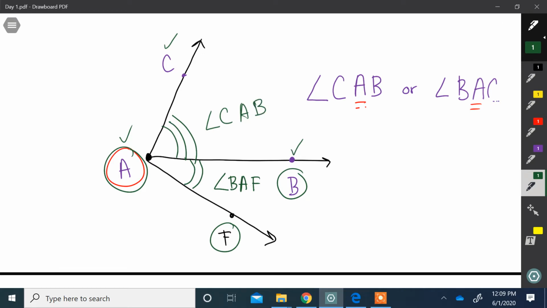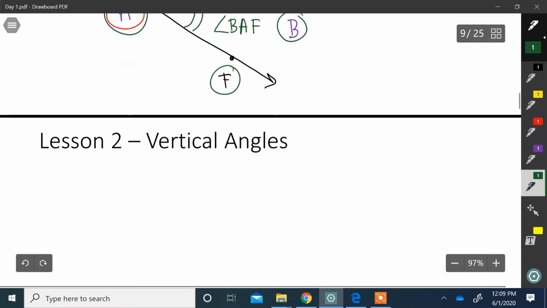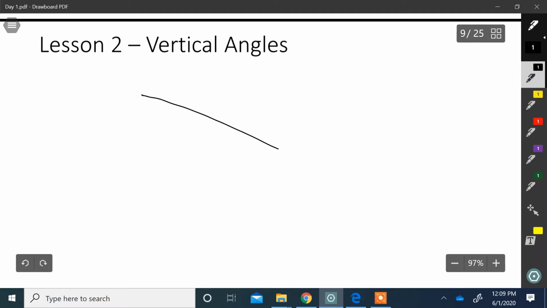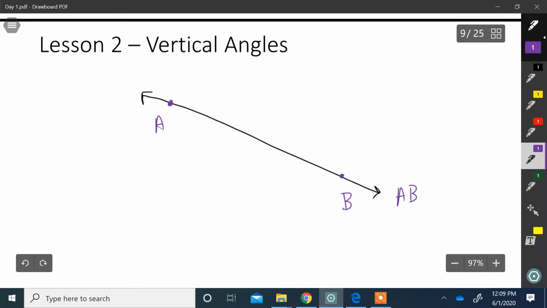All right, very good. So let's go ahead and keep going. Now let's talk about vertical angles. Vertical angles happen when there is an intersection between two lines. Okay, so I'm going to draw one line there. Let's call this line AB.